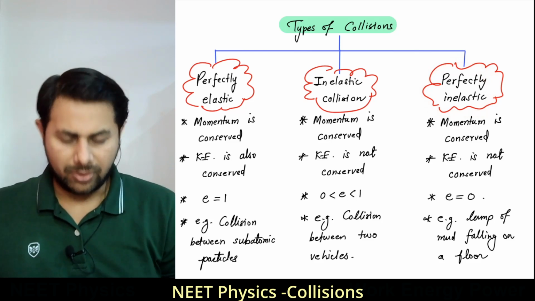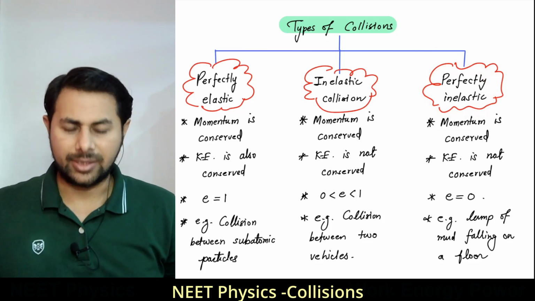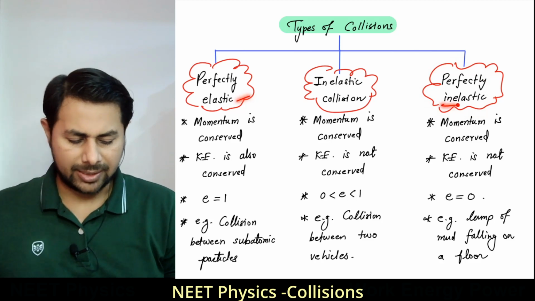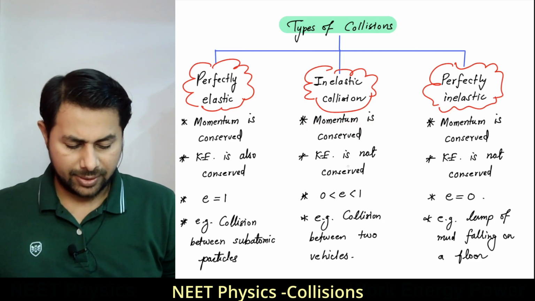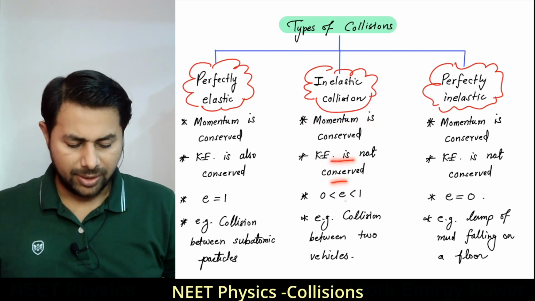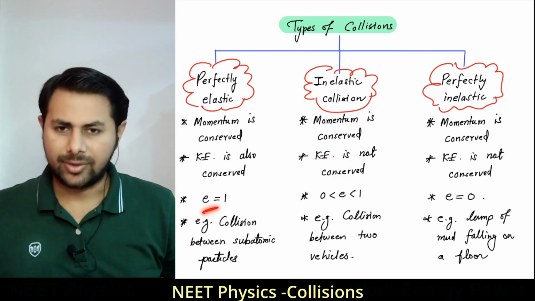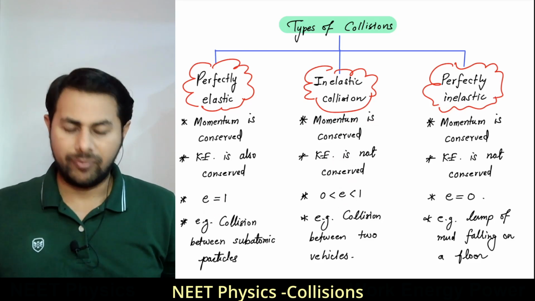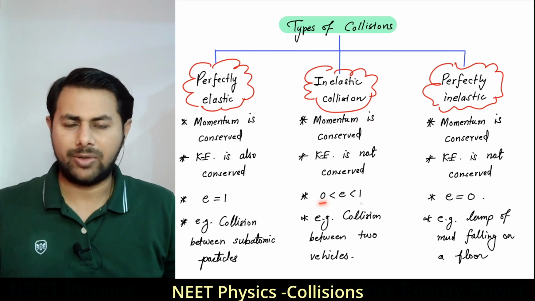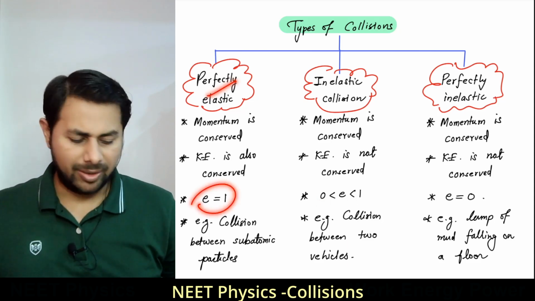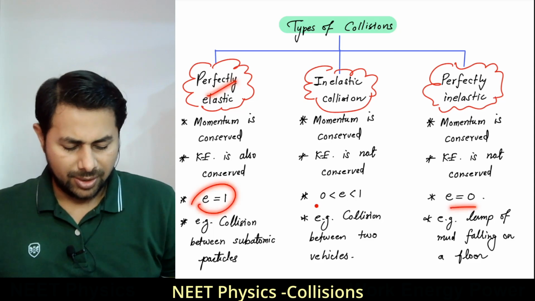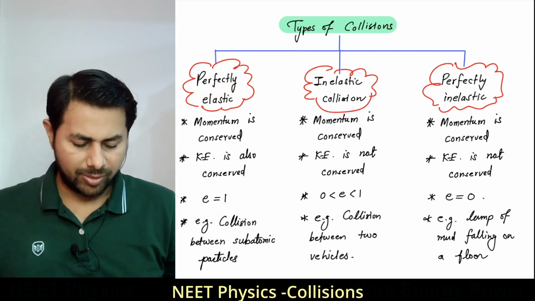Now most of the collisions in real life are in between perfectly elastic and perfectly inelastic. Momentum is conserved there, kinetic energy is not conserved, and the coefficient of restitution will be between 0 and 1. For perfectly elastic it is 1, perfectly inelastic it is 0, and for most collisions it will be in between.